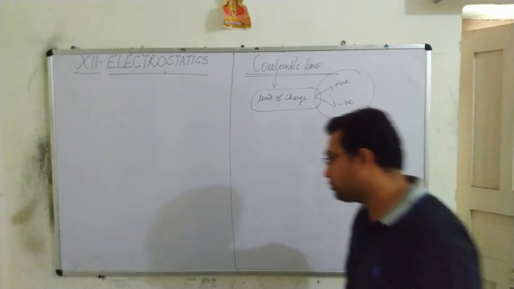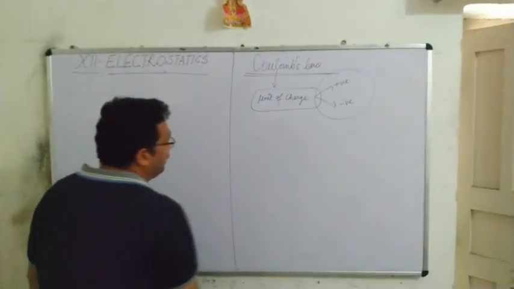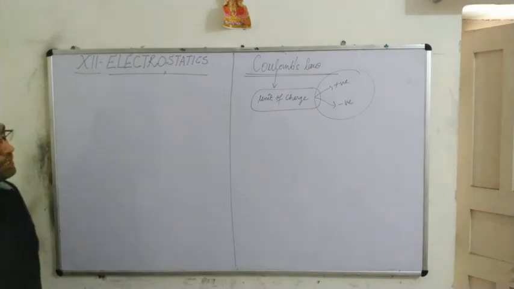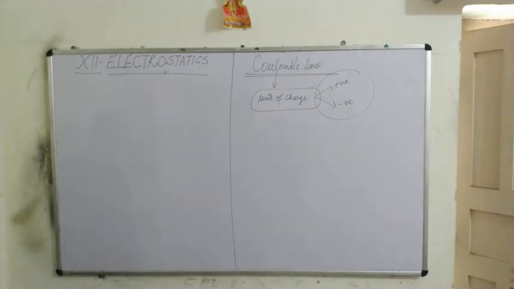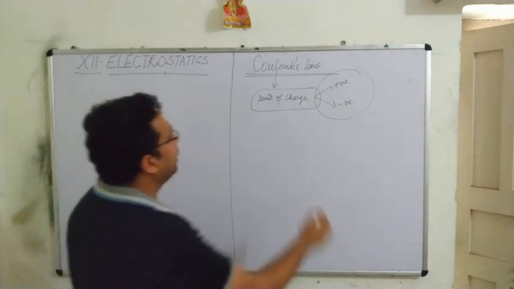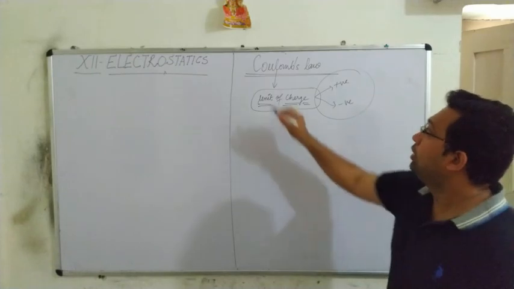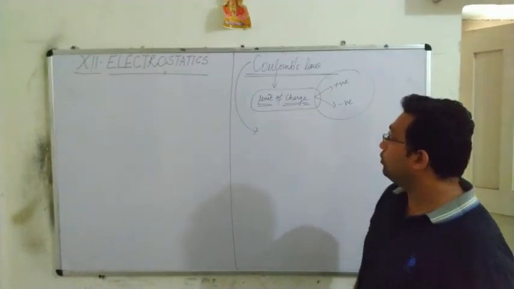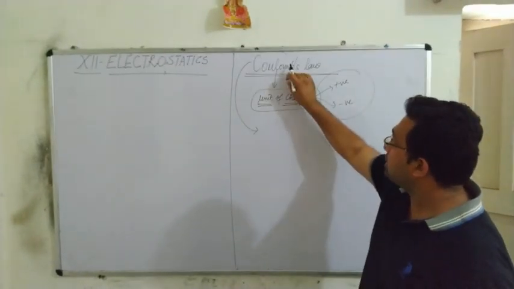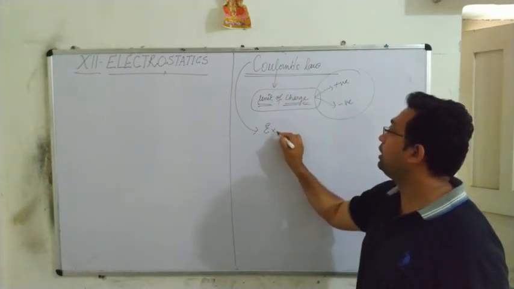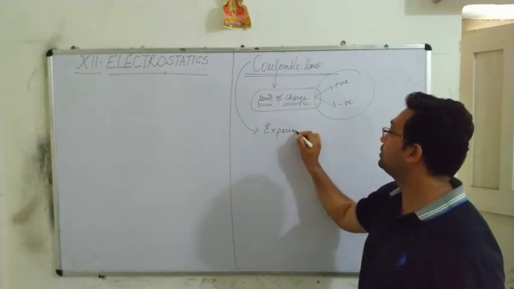So through Coulomb's law we will have information about charges, and these charges may have a positive sign and may have a negative sign. Now this is Coulomb's law, and it is found only by experimental observations.